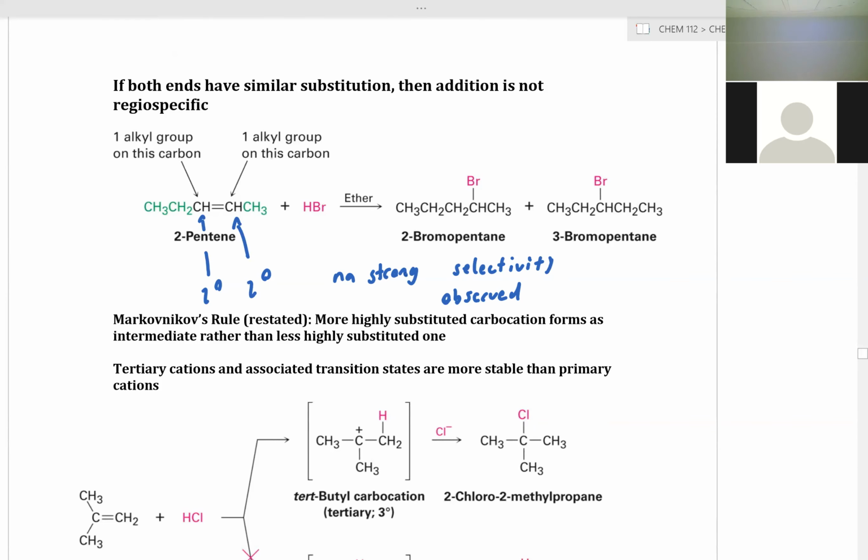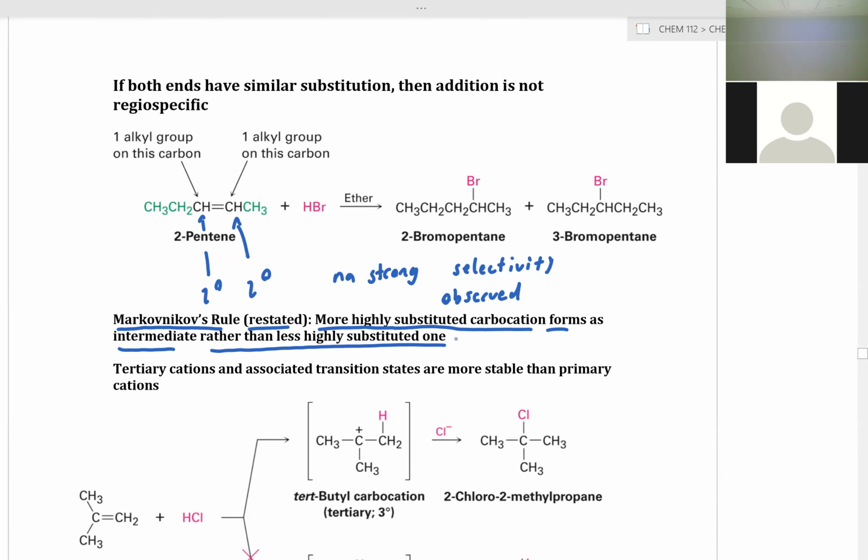Now, I'm going to restate Markovnikov's rule in a way that will allow us to use it with a little bit more predictive power. So this isn't Markovnikov's rule one-to-one, but it's how we're going to be reasoning through a lot of these examples. Considering what we know about the reaction mechanism, the more highly substituted carbocation forms as an intermediate rather than the less highly substituted one.